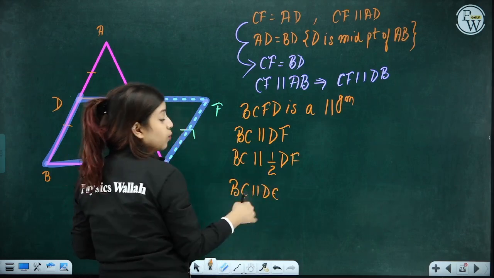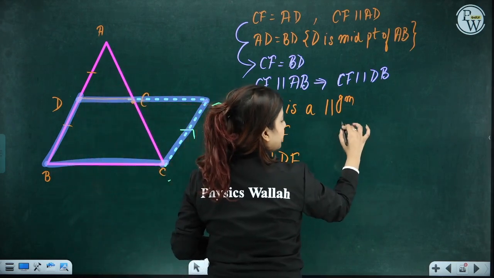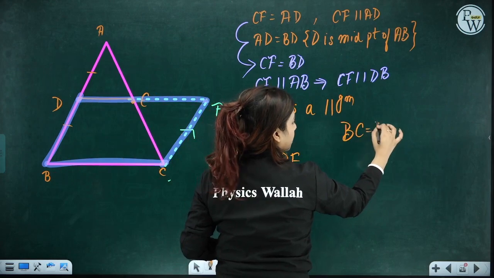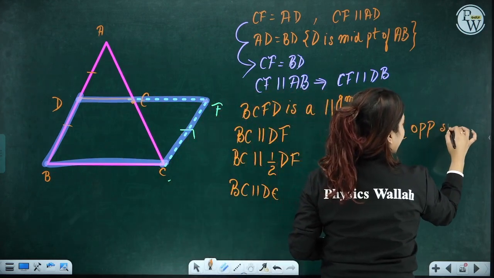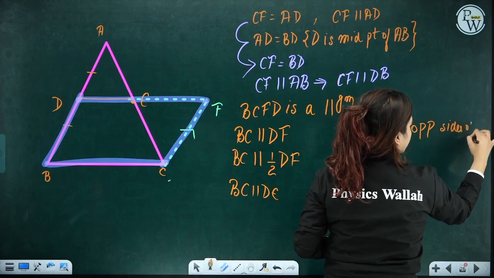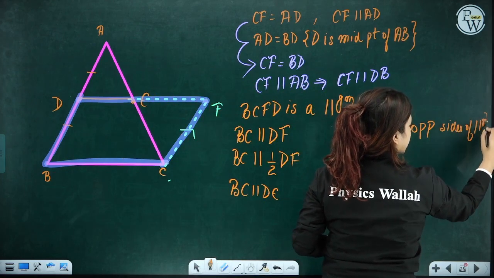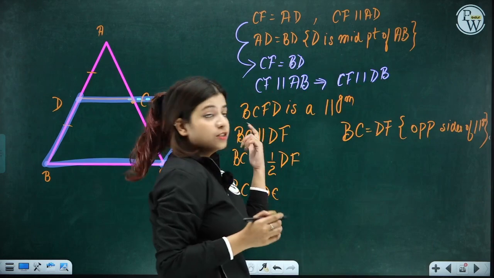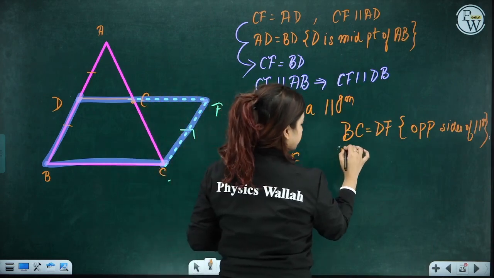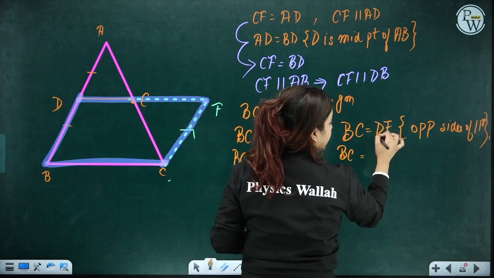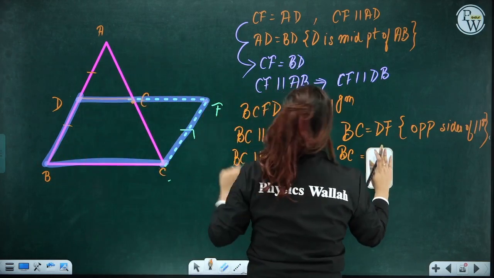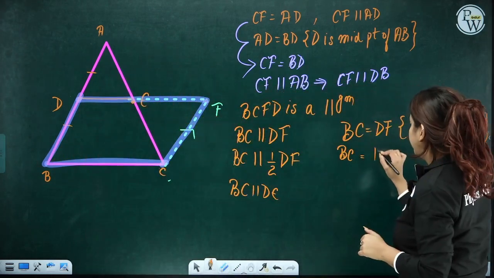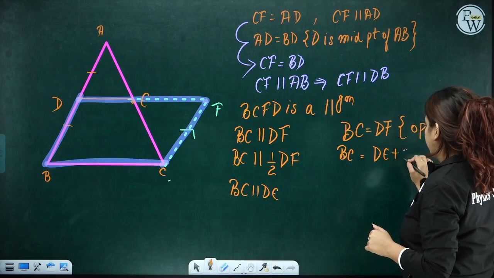Secondly, BC is equal to DF. Why? Because these are opposite sides of a parallelogram. So BC, in the place of DF, I can write twice of DE, or DE plus EF.